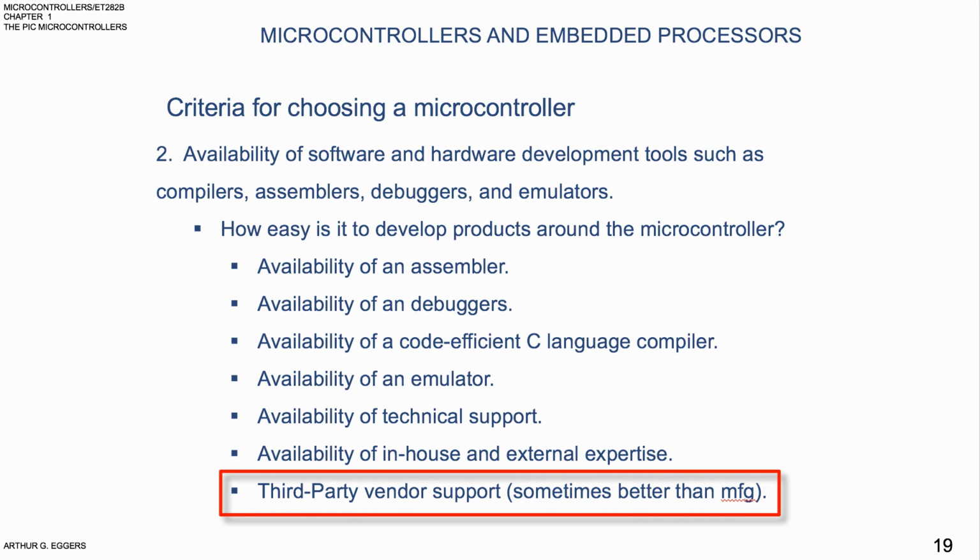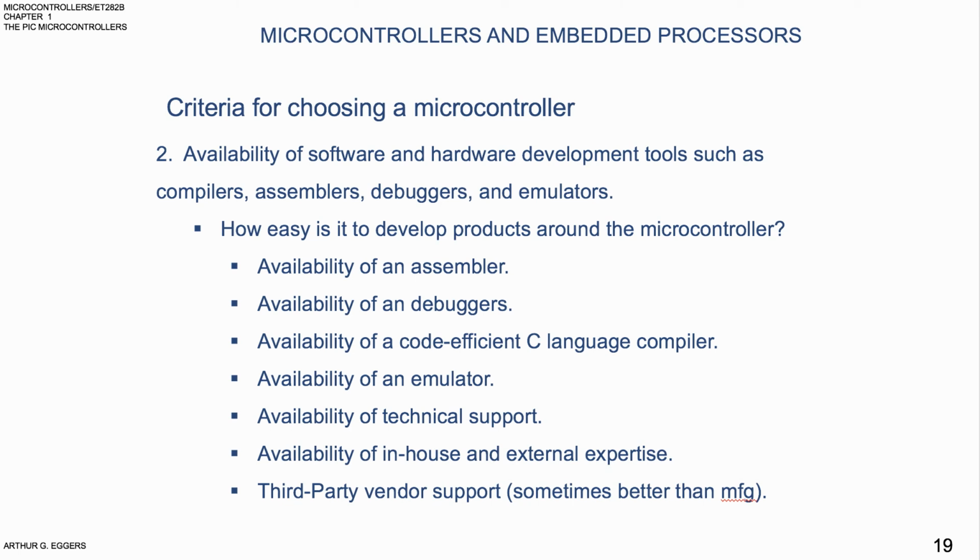You may have somebody out there that will actually provide for you better than the manufacturer can. In a lot of cases, the manufacturer is not geared for providing support. They're geared for providing a product. The third-party vendors are sometimes in a better position to provide the support that you may need once you make your selection.